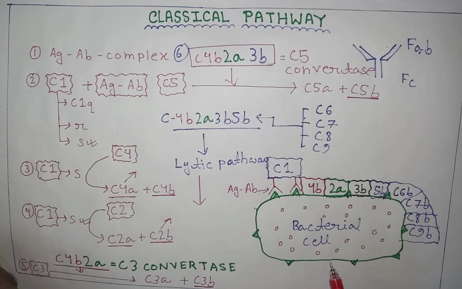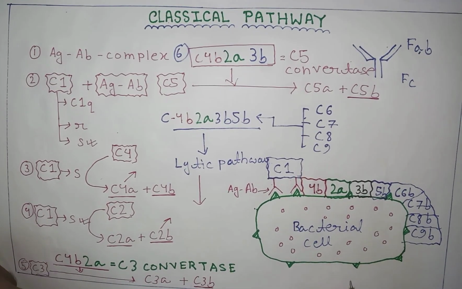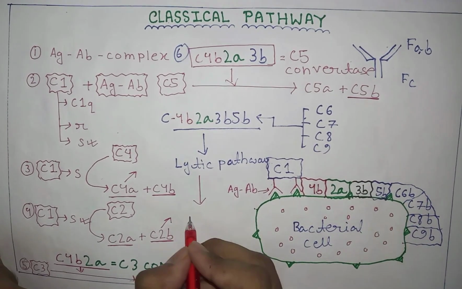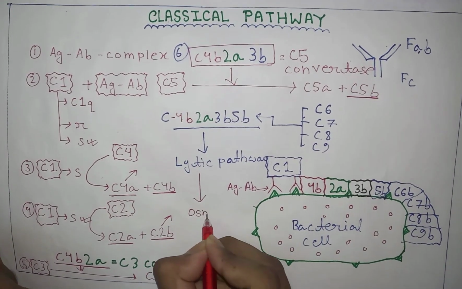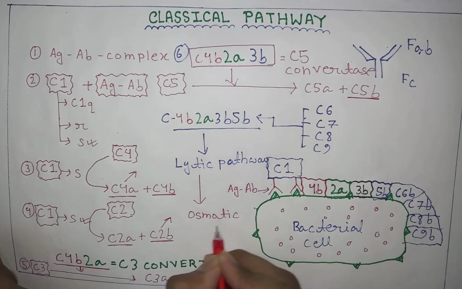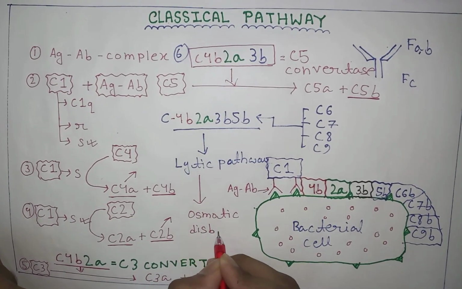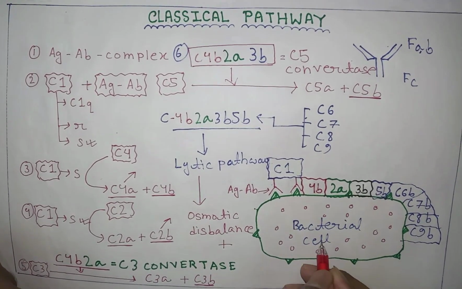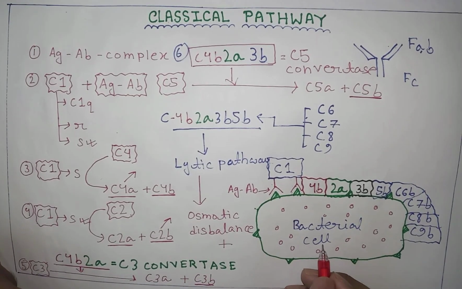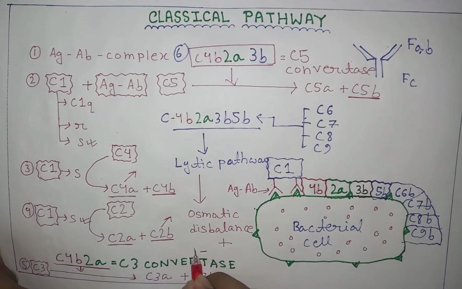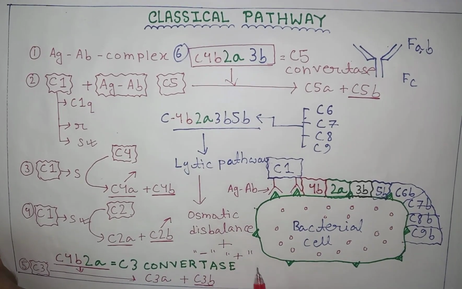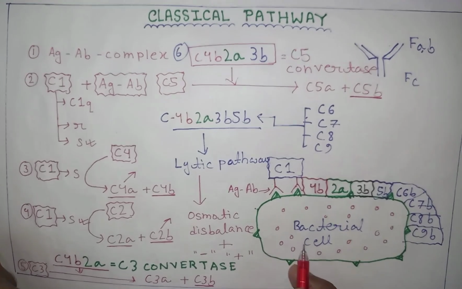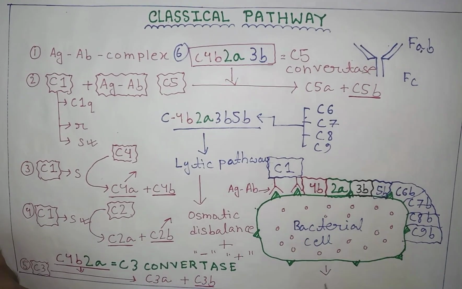When the pores are created, the inside products of the bacterial cell will come out. That means osmotic imbalance will occur, along with electric potential change, negative and positive, and the cell will be totally disbalanced and it will die.